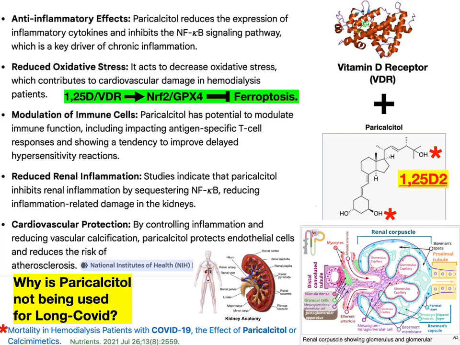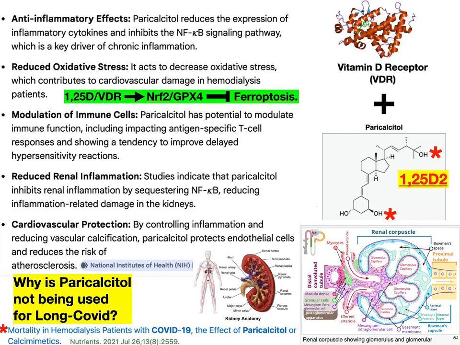This is the filtration apparatus for a single nephron. The nephron is the tissue unit of the kidney. The first part of the nephron is the glomerulus, which is interconnected to a bolus of capillaries, a fenestrated network of capillaries.